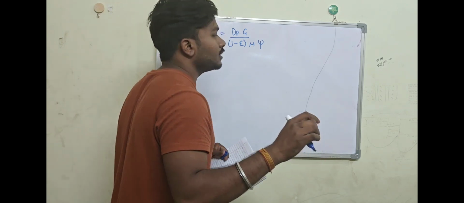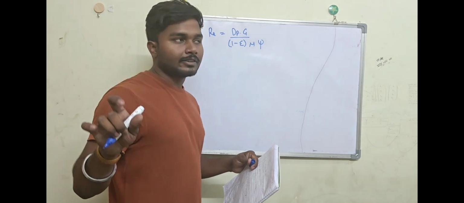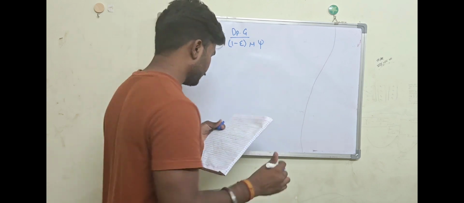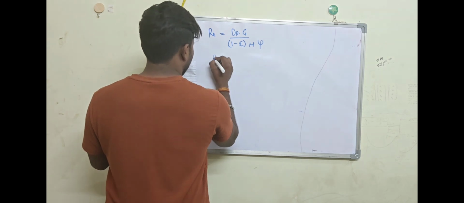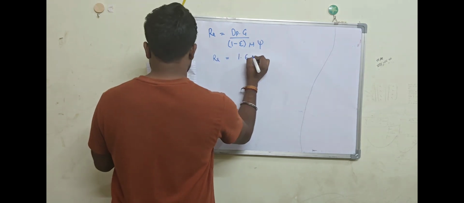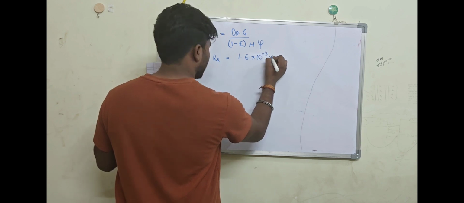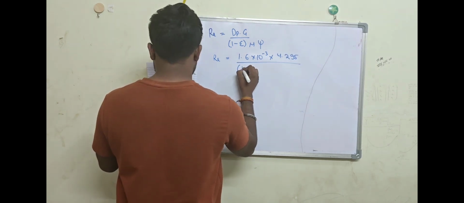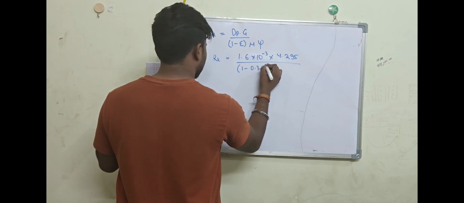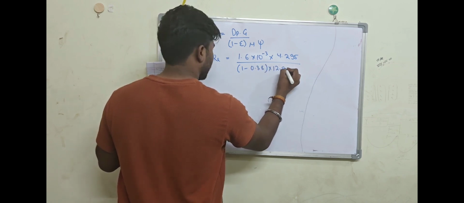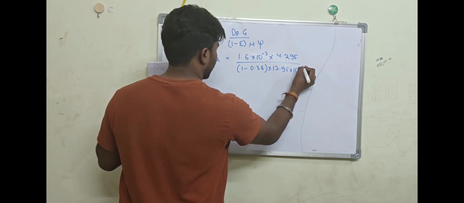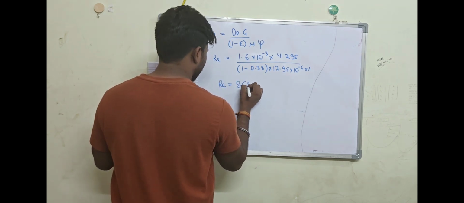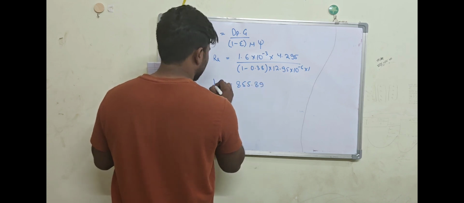Assuming the lead particle is spherical, the psi value for that will be 1. So let's put all these values in this formula: 1.6 into 10 to the power minus 3, 4.295 we calculated, 1 minus 0.38, into 12.95 into 10 to the power minus 6 into 1, which results in 855.89.